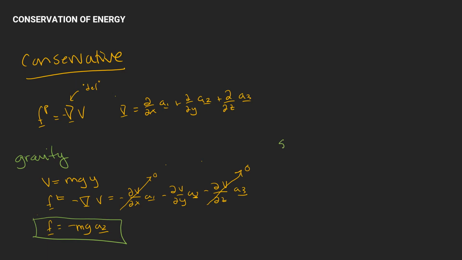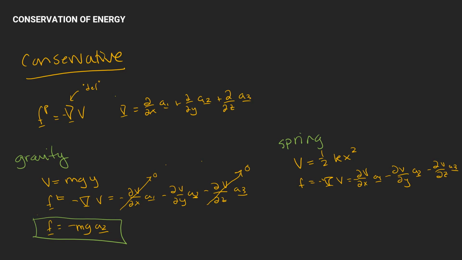And the other example is when we have a spring force. There, V is equal to 1/2 kx squared. And so our force, again, is equal to the negative gradient of V, which I'll also write out here: partial of V with respect to x, A1, minus with respect to y, A2, minus V with respect to z, A3.